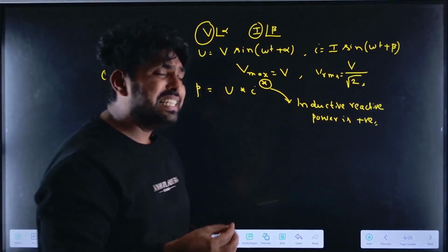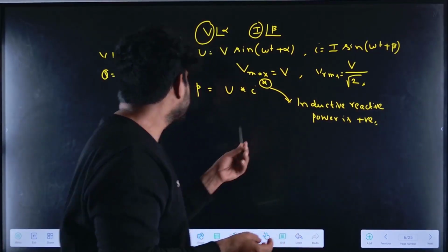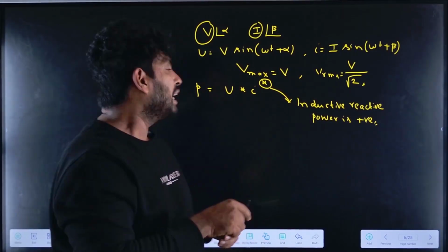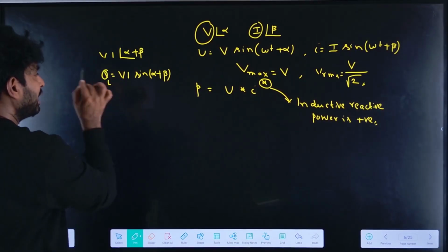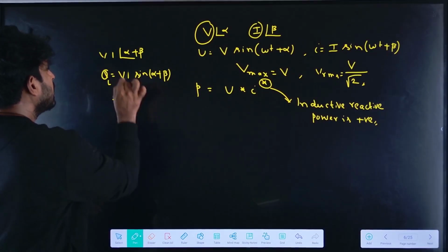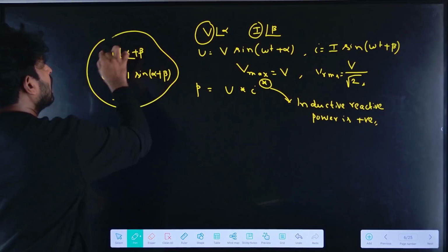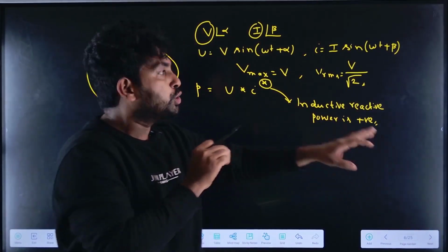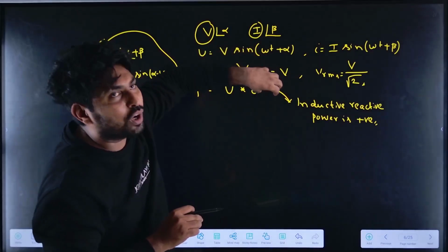In some cases, depending on beta and alpha, there may be a possibility of inductive reactive power being negative. And this condition is violated. So we need to keep the conjugate of I here.